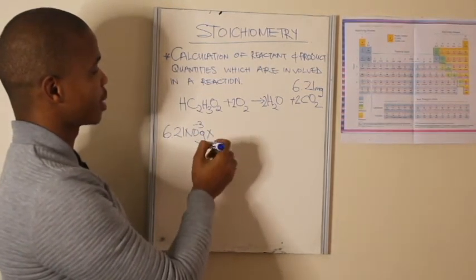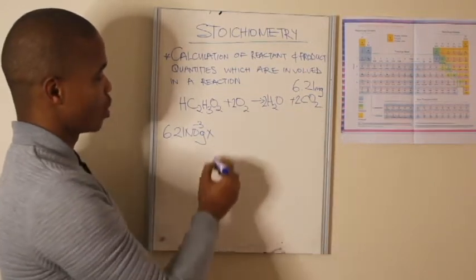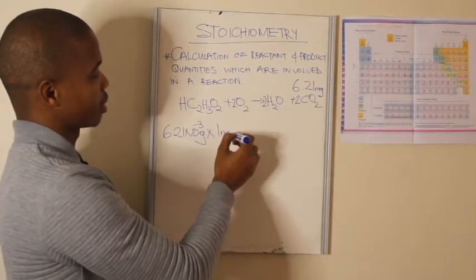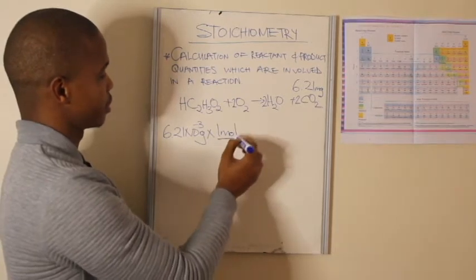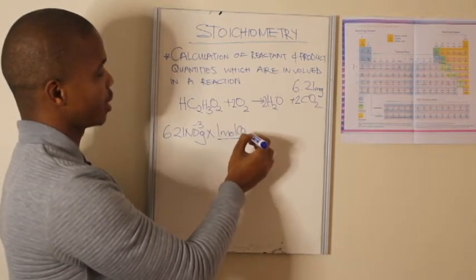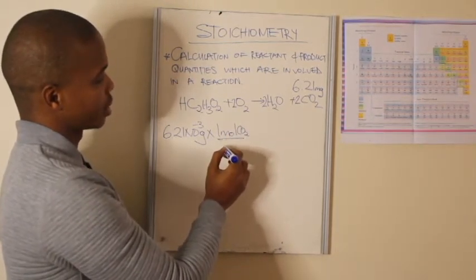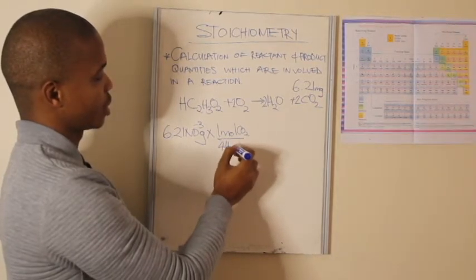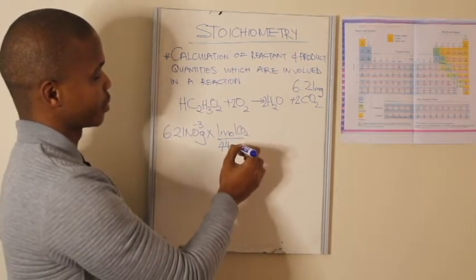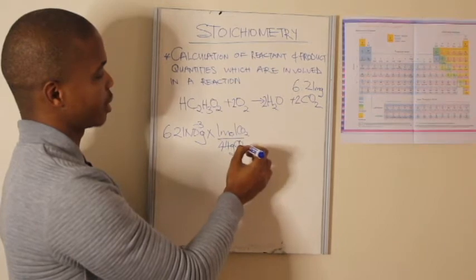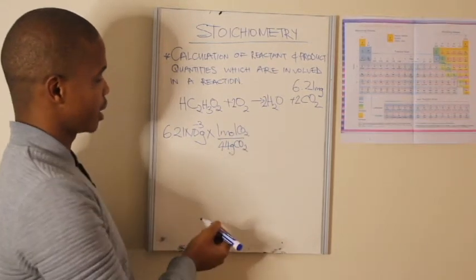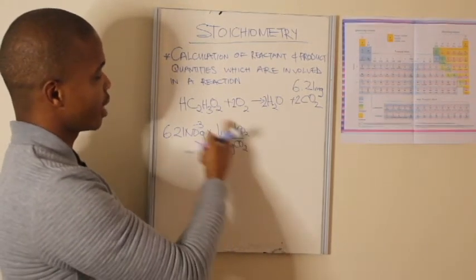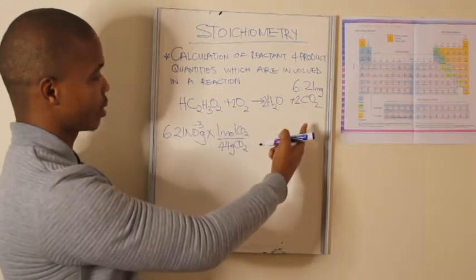So I'll change this to moles first. So 1 mole of carbon dioxide is 44 grams of carbon dioxide. This is your molar mass. And then I have my moles for carbon dioxide.